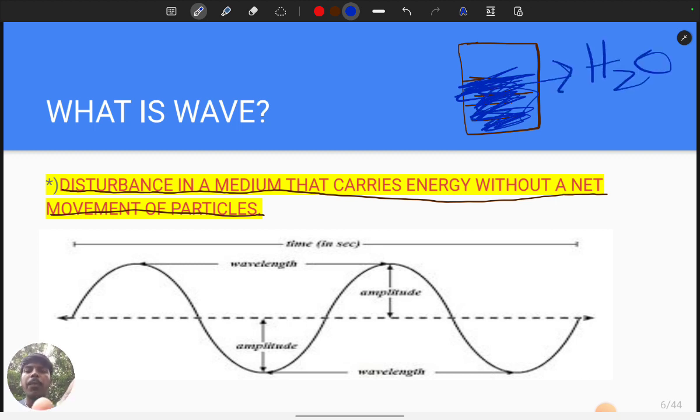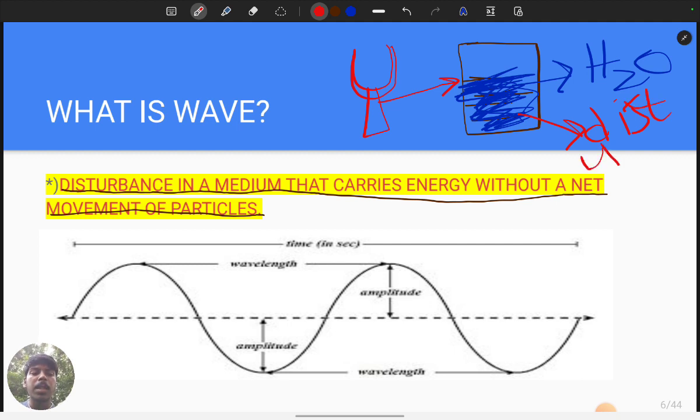Now when we hit the beaker with a tuning fork, there will be some disturbance in that beaker.